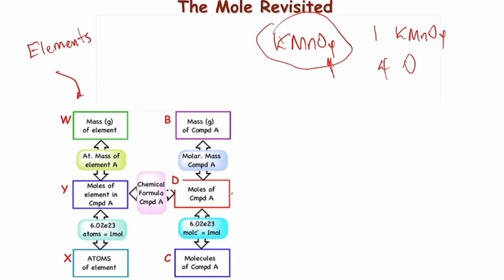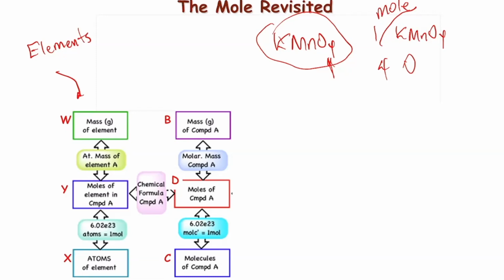Now, what we do in chemistry is that we don't want to deal with 1 molecule, although you could. What we say is that, okay, we have 1 mole of KMnO4. Guess how many moles of oxygen we have? Well, if the ratio is 1 molecule per 4 oxygen atoms, then the ratio is also going to be the same. 1 mole of KMnO4 equals 4 moles of oxygen.